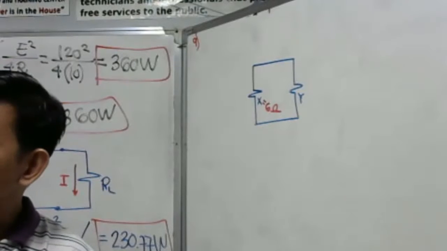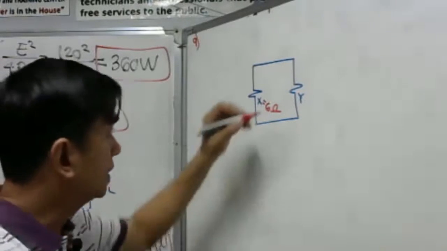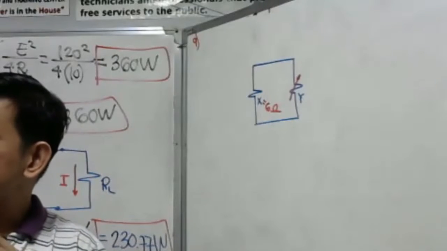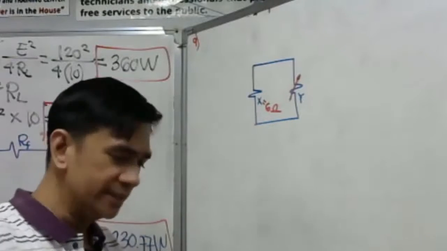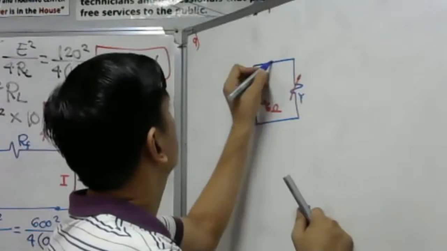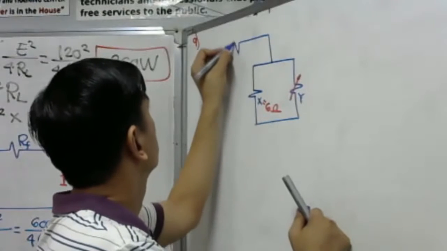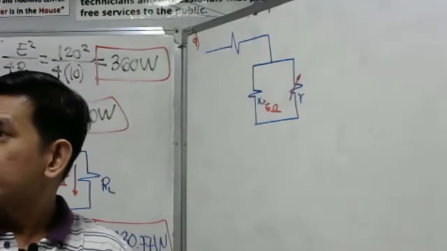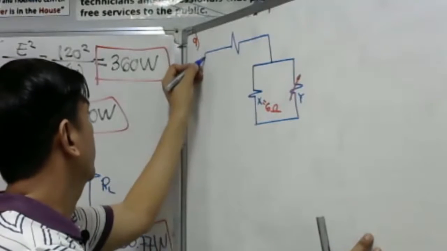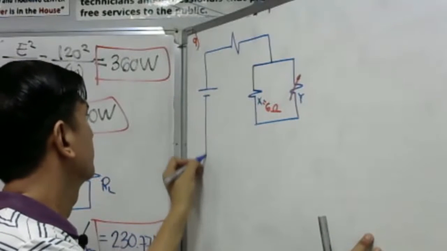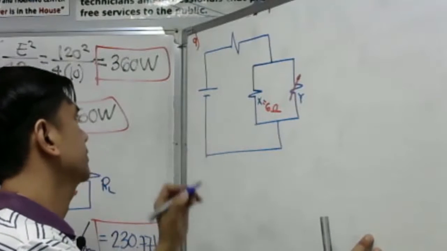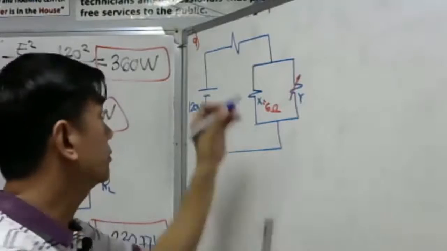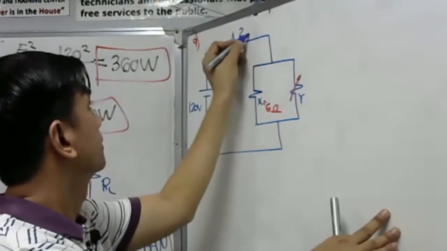While resistor Y being adjustable over a wide range. So this is adjustable. Okay? The parallel combination is then connected through 2 ohm line resistor. So we have here a 2 ohm line resistor. Okay? To a 120 volt DC source. So we have 120 volt DC source. Okay? Again, we have here 2 ohms here.